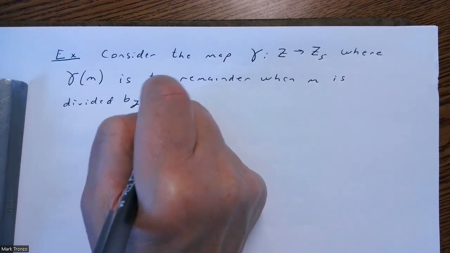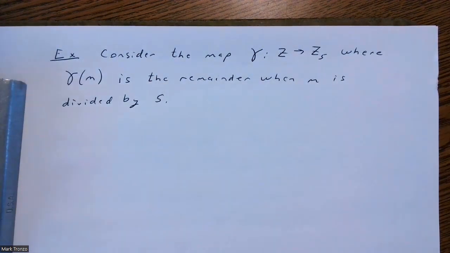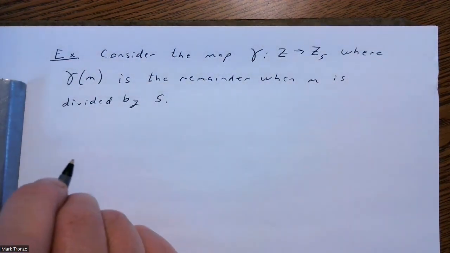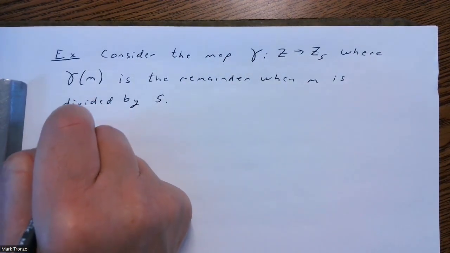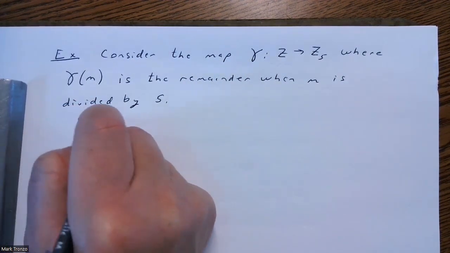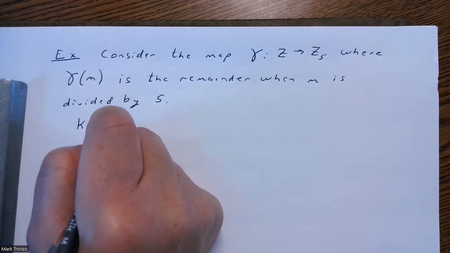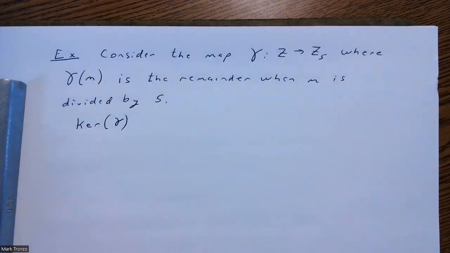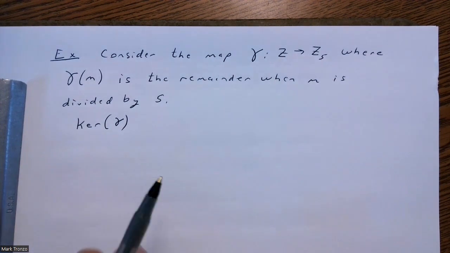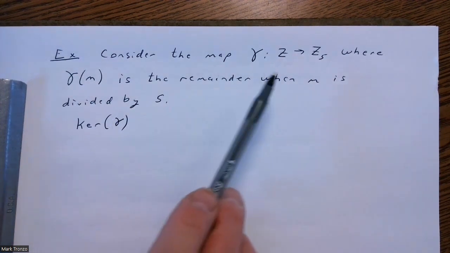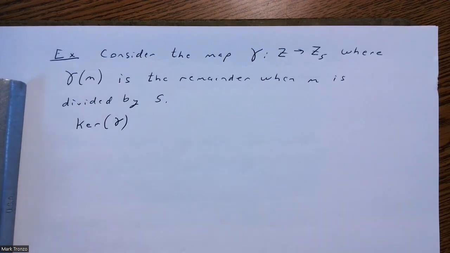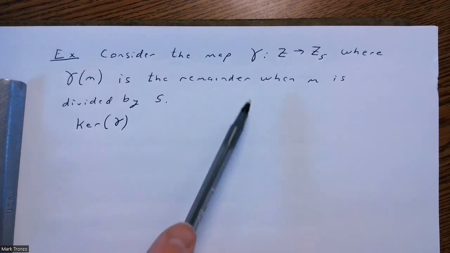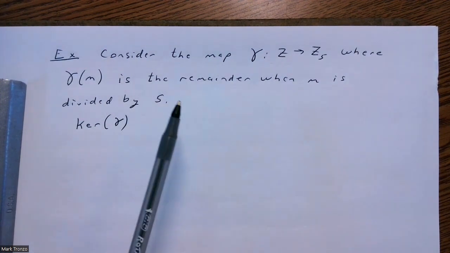And so again, if we think of the kernel of this function gamma, it's going to be those values from Z that produce 0. Of course, if you put 5 in, that's going to give us 0. If you put 10 in, that'll give us 0.